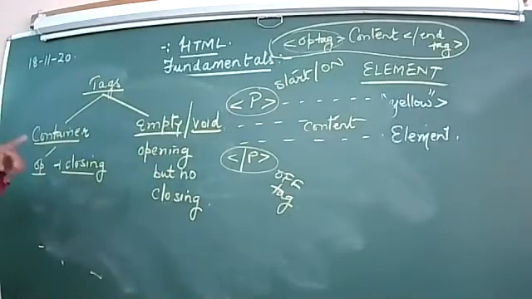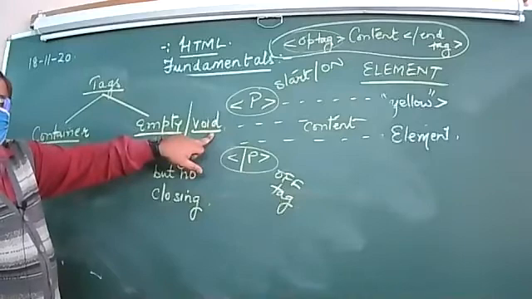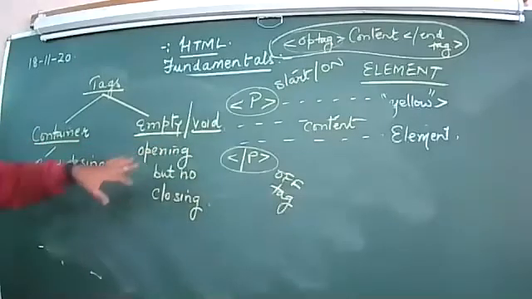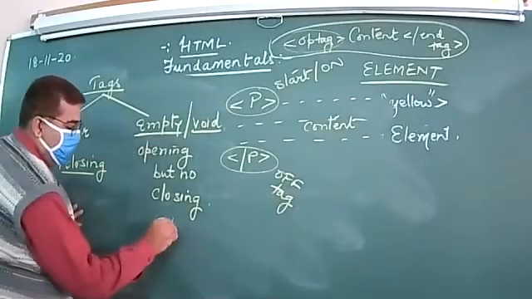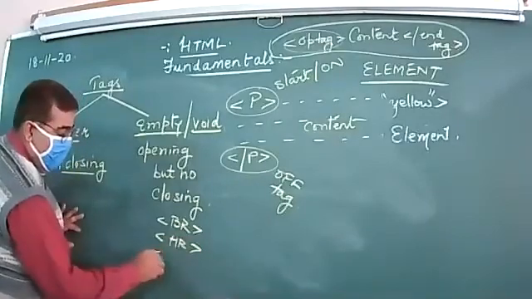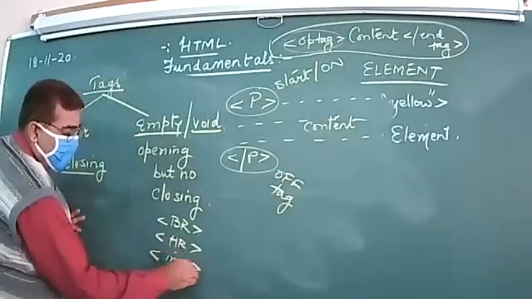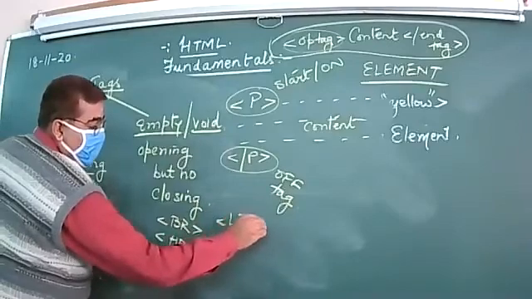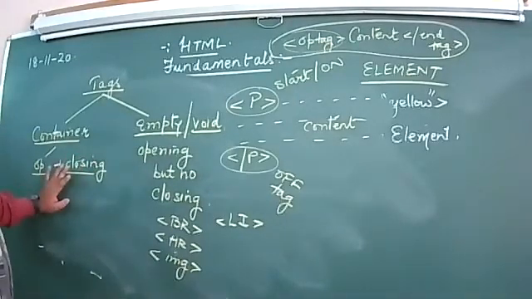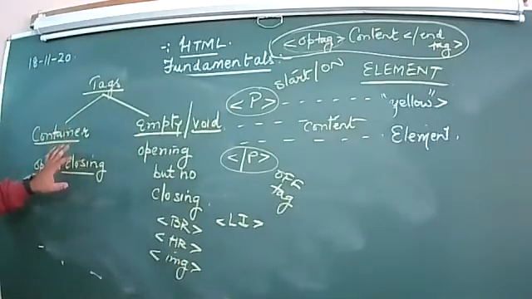Another name of empty element is void tag, because they have only opening but not closing. So what are the examples of empty tags? BR, HR, IMG, your image tag, LI, the list item tag. It is also an empty tag, the tag that you take inside the ordered list and unordered list. Clear? Up till here the lecture is clear?